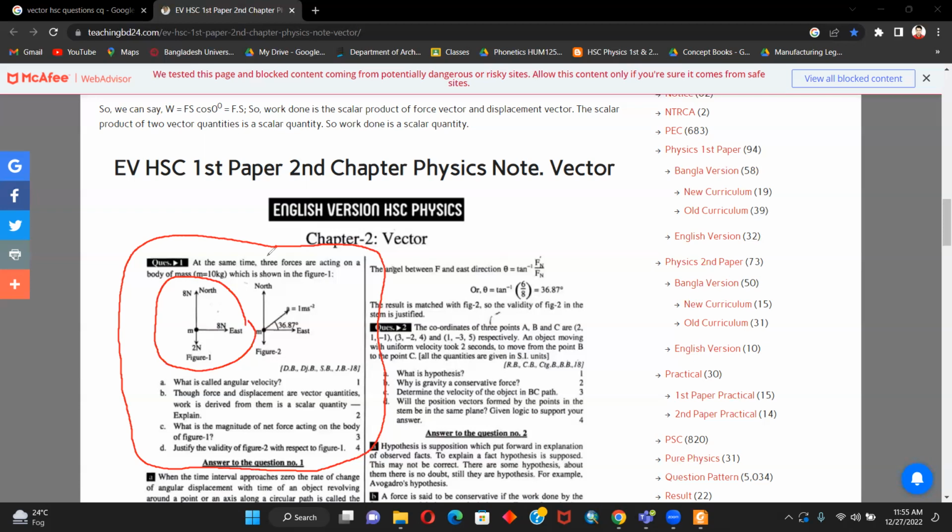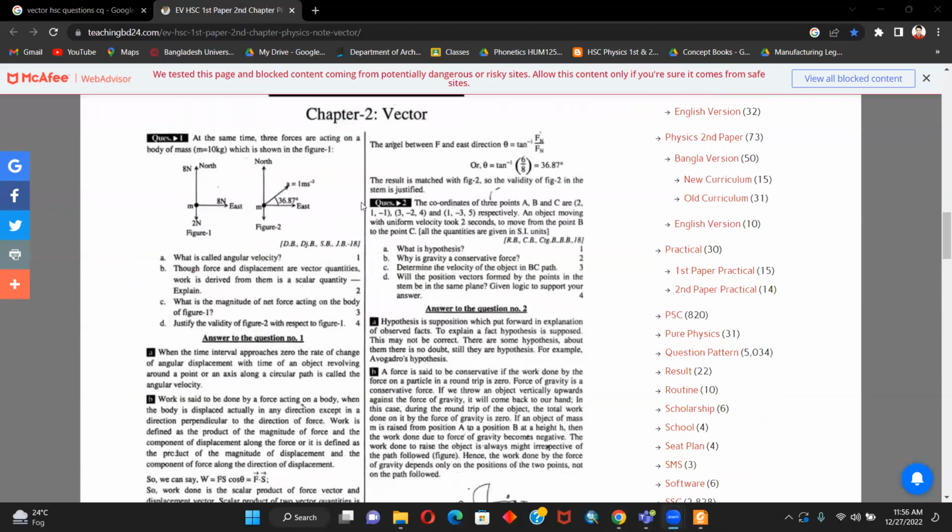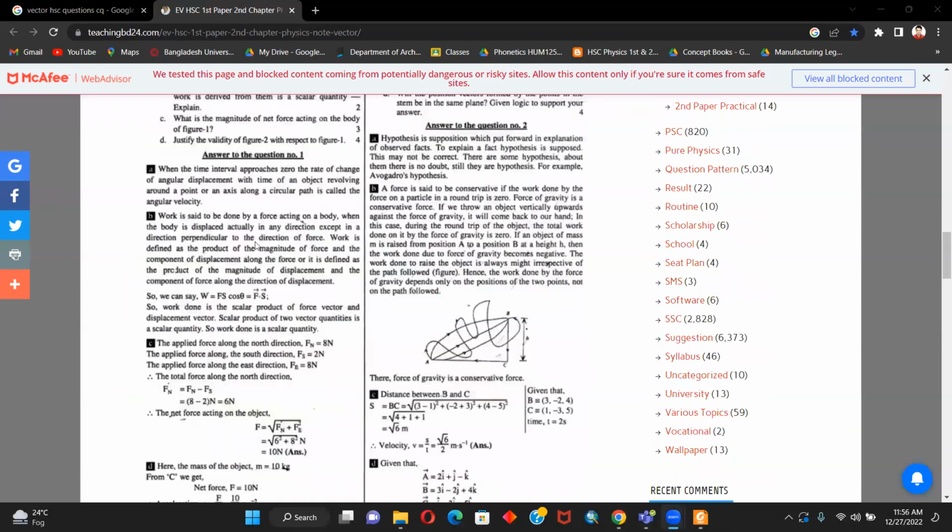First of all, another thing is given here, that is a body of 10 kg mass, so you're also going to get a weight, and you have to calculate that. Then you have to calculate the net force along the north-south direction, and in the east you've got whatever you've got. Let me check for a second.